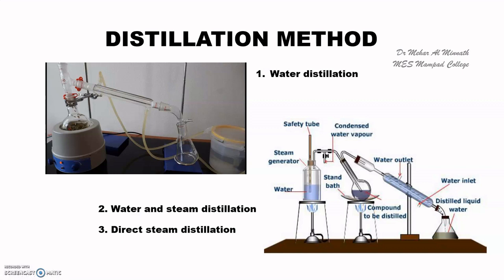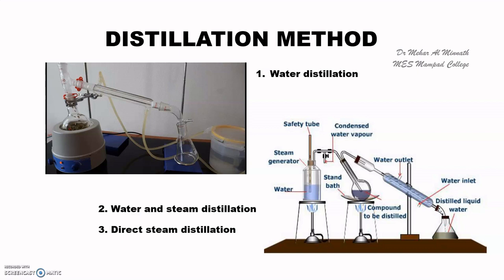The advantage of satellite steam generation is that the amount of steam can be readily controlled by us, because steam is generated in a satellite boiler, and we can remove it or place it for more time according to our choice. And also the plant material is not heated above 100 degrees centigrade, and so thermal degradation can be avoided to the maximum.